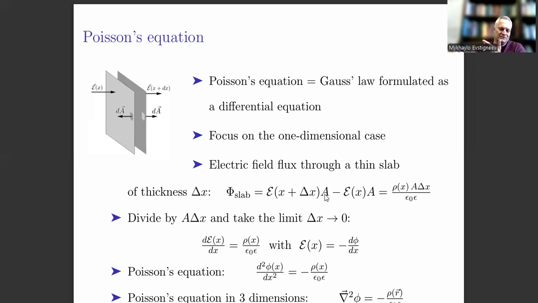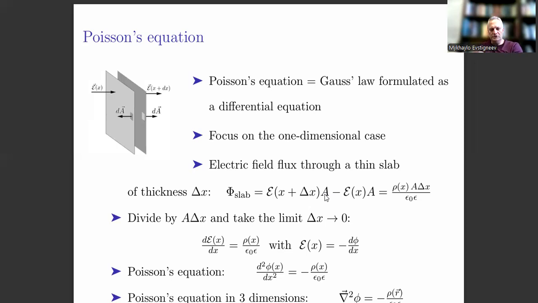If it points in the negative x direction, then you just have to change the sign of E of x, or E of x plus delta x. Okay, and the area vector on the right surface also points in the positive x direction, that is outward.